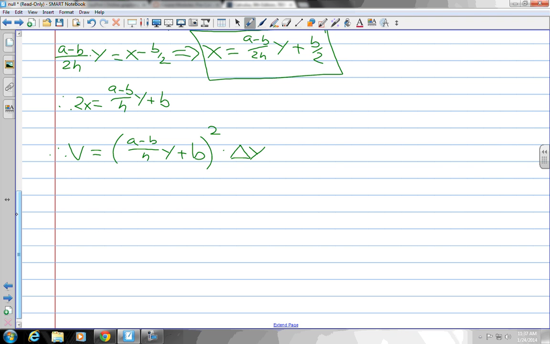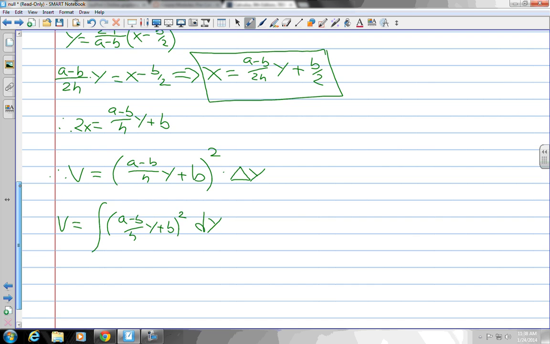So far? Now what are we going to do with that? This is the volume of just one slice. I want to do the whole thing. Well, yeah, do the Riemann sum, take the limit, turn into integral. I'm not going to do those intermediate steps, but it'll come out to be the integral of a minus b over h times y plus b, squared, dy.